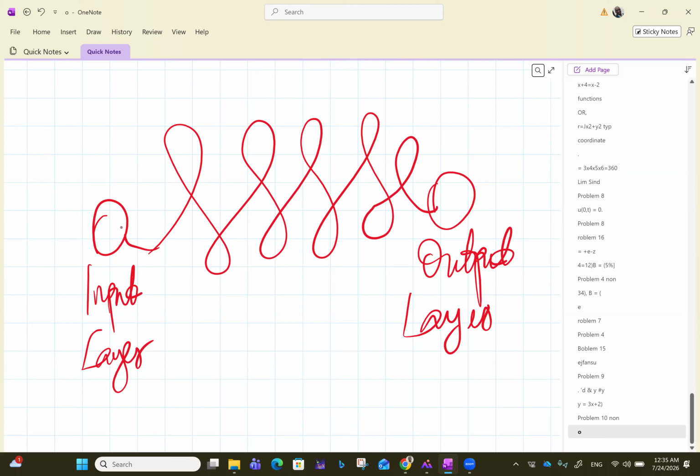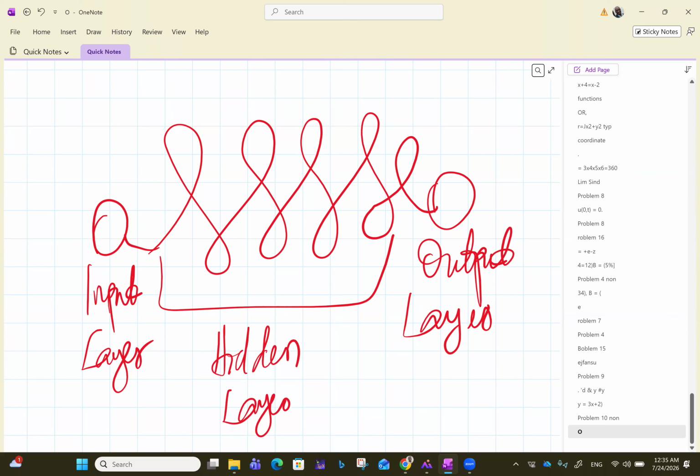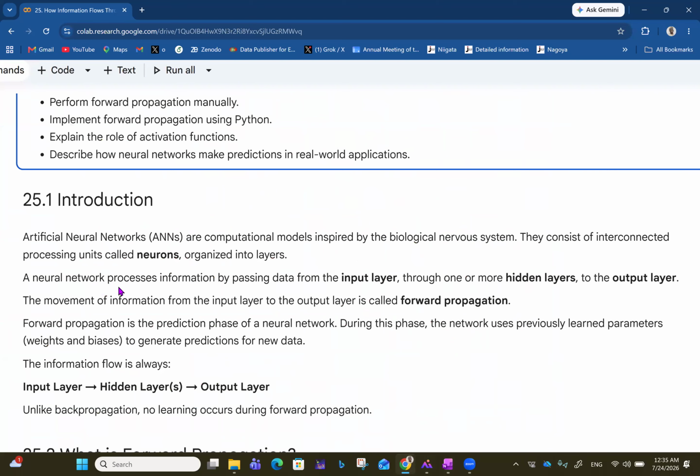These are hidden layers. So you have an input layer, then hidden layers, then the output layer.